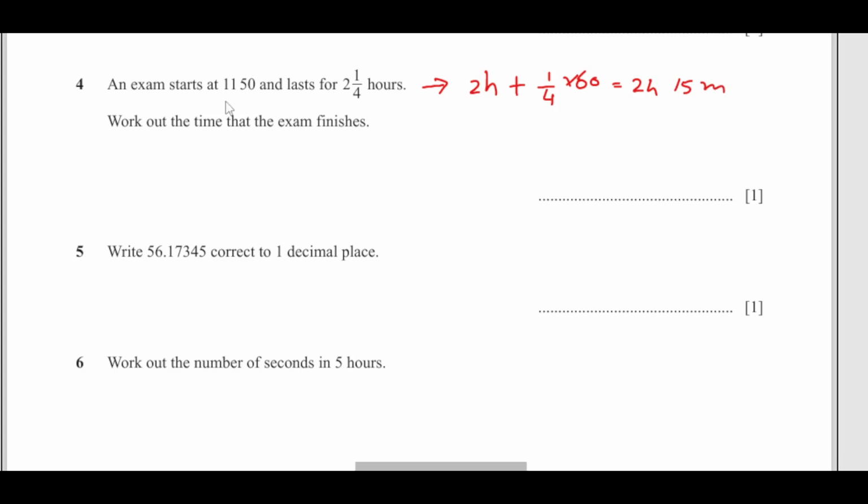So we are going to add here to 11:50 that 2 hours and 15 minutes, right? So this will be 13 and 65 here. So this is 1365. Now this is more than 60, so 1 hour is going to be added over here, that will become 14. If we subtract 60 from here, we will have 1405, which is our final answer, 1405.